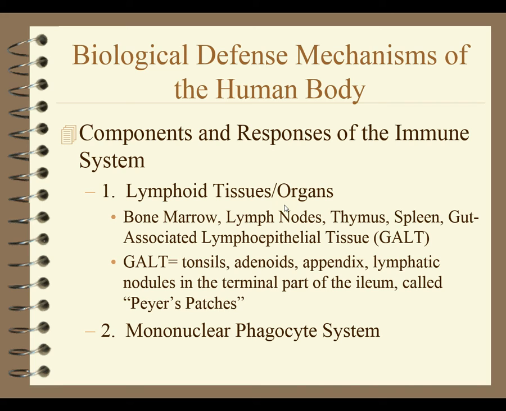Usually it requires about 12 to 14 days for a stem cell to mature into something. So look in your book on page 277. And when you do, you're going to see there in figure 17-3 a stem cell differentiation and maturation. You can see there in the bone marrow we have stem cells. The stem cells may go one direction and become a T lymphocyte, may become a B lymphocyte.